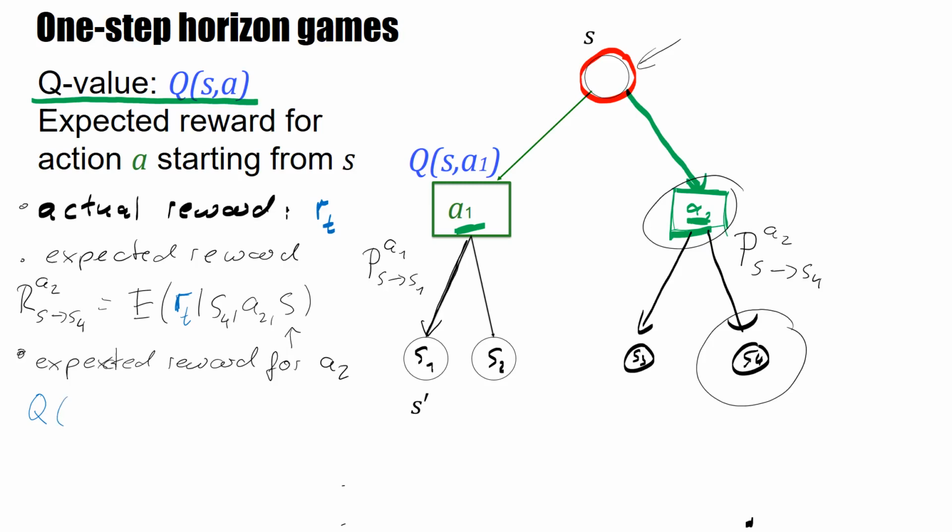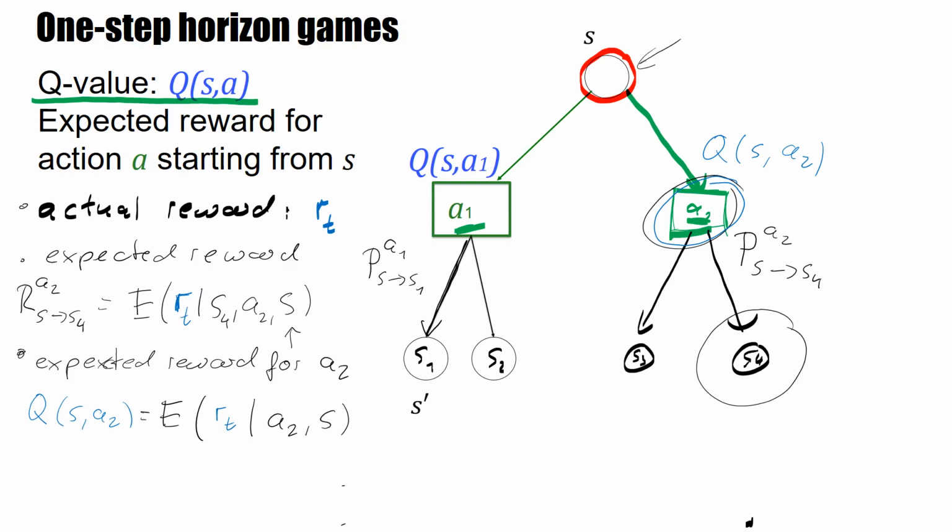Q of S, A2. So it's a value associated to this branch that links the state S with the action A2. What is this Q value? Well, this is the expectation over all rewards that you may get. And it's the expectation over the rewards given that you take action A2 in state S.